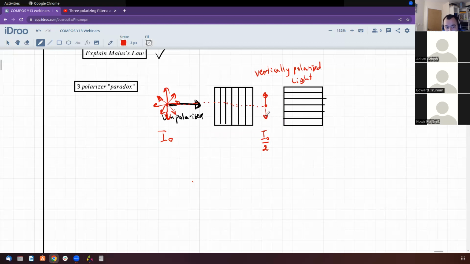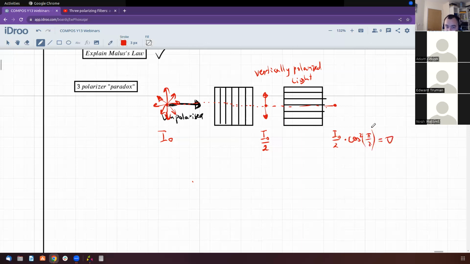Now you have vertically polarized light, I0 over 2, falling onto a horizontal polarizer. And now we can use Malus's law to find how much light comes out. It would be I0 over 2, the initial intensity, multiplied by cos squared, and the angle is pi over 2, 90 degrees.